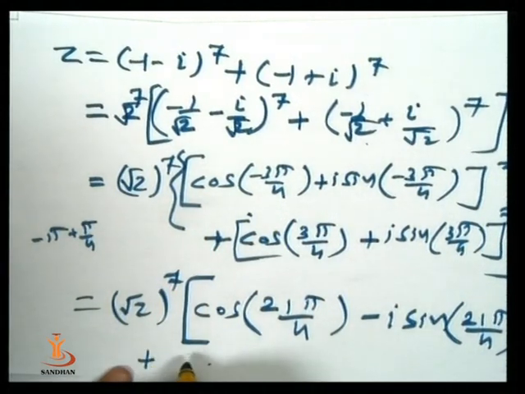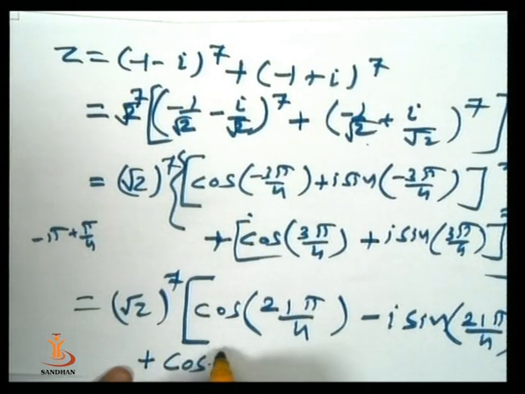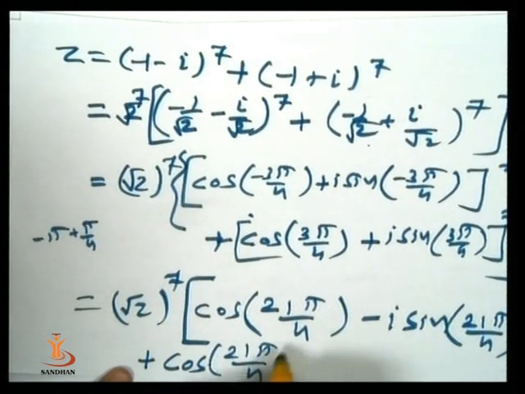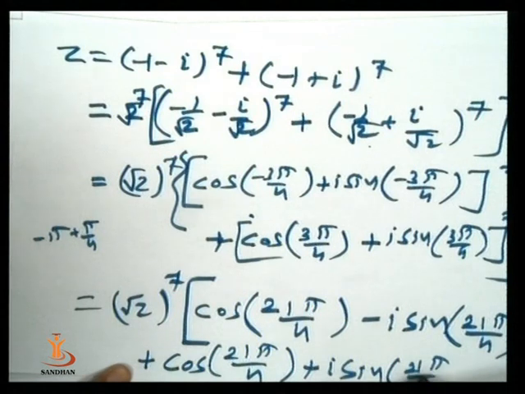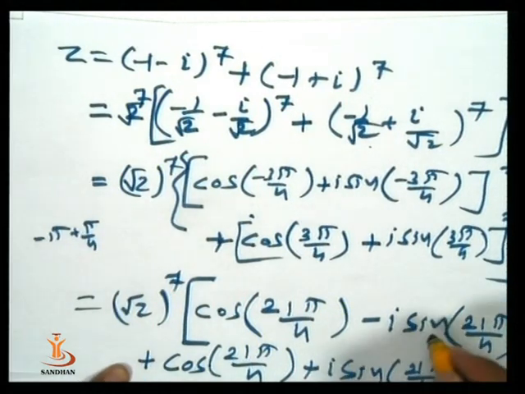Plus cos 21 pi upon 4 plus i sin 21 pi by 4. So the sine terms will cancel out.